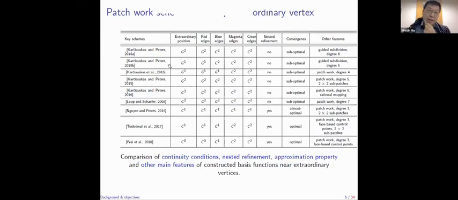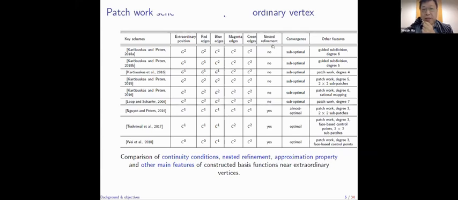In this table you see there are many different approaches. Some can also achieve C1, C2. I think it should be G2, so G2 at the extraordinary position, and also allow sharp edges and some other further features.